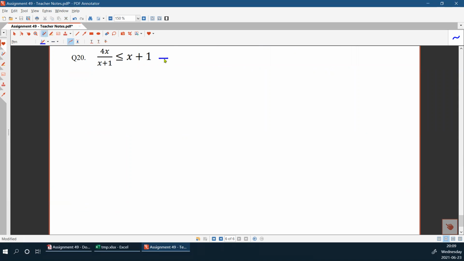Okay, last one, we can just follow the same principle. First of all, put everything on one side because you have x in the denominator. So put everything on one side and try to rewrite it using a common denominator. Okay, this is equivalent to 4x over x plus 1 minus x plus 1 times x plus 1 over x plus 1, smaller than or equal to 0.